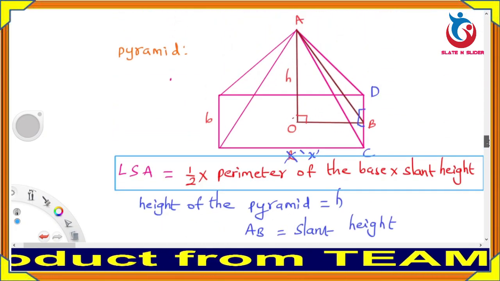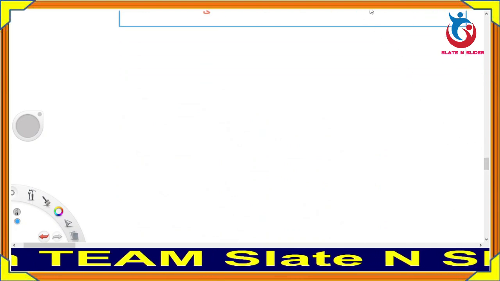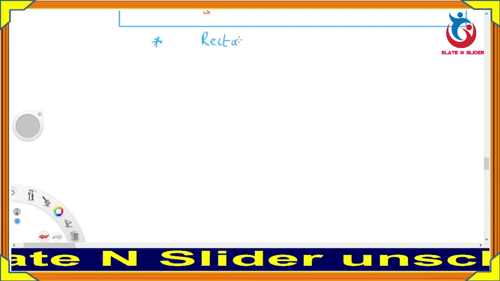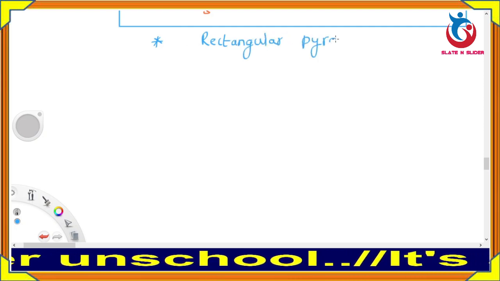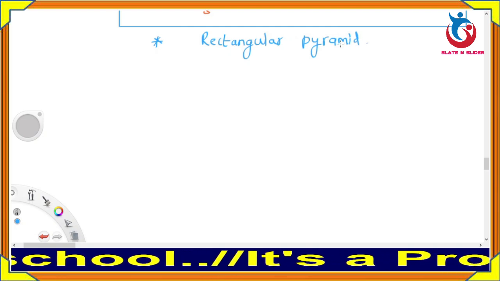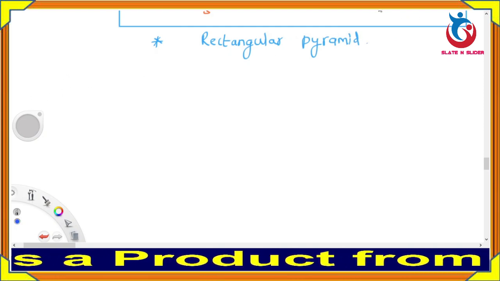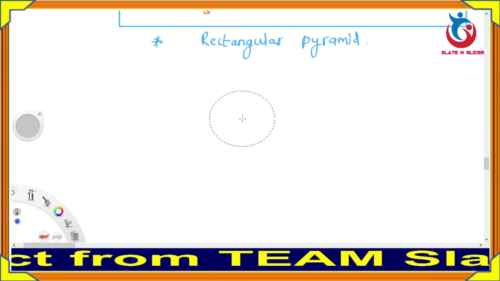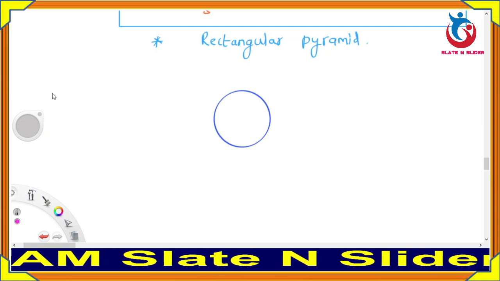Suppose for a pyramid, here the base is rectangular in shape, so this is called a rectangular pyramid. Suppose for the same pyramid, if the base is in a circular shape, then what is it called? So this is the base, it is in circular shape.